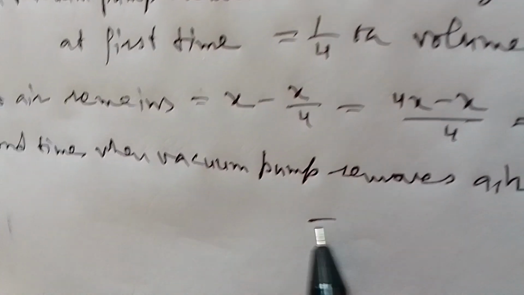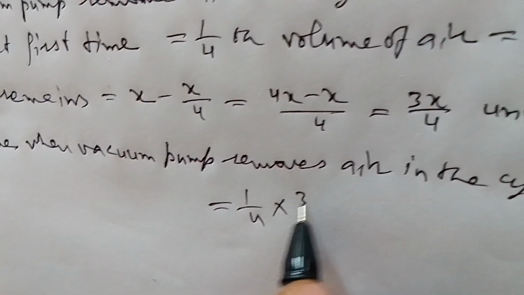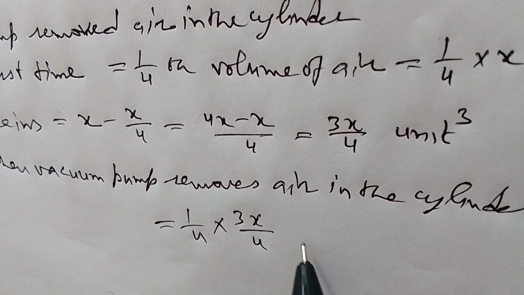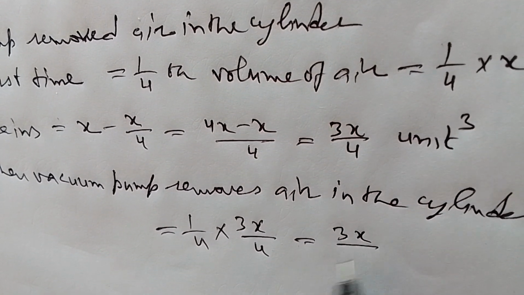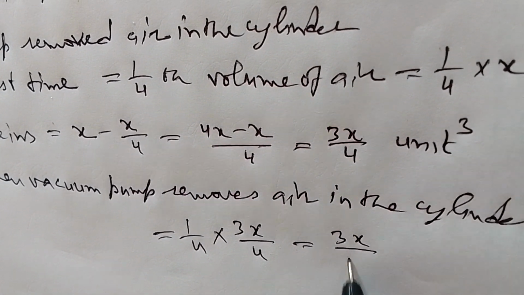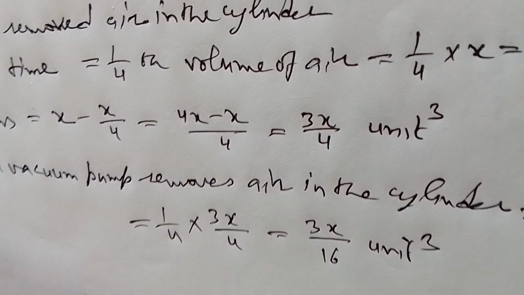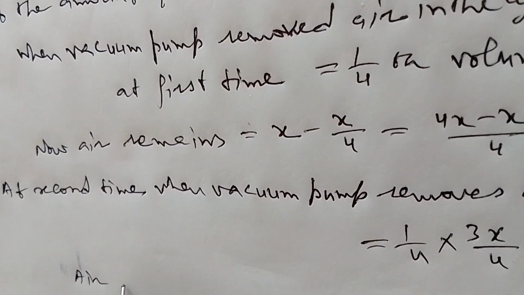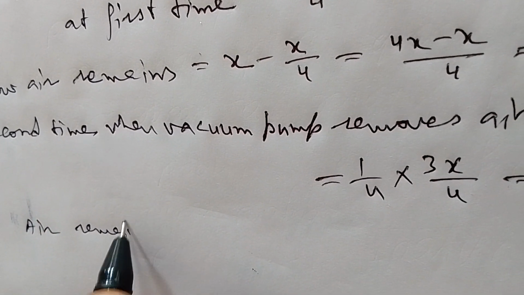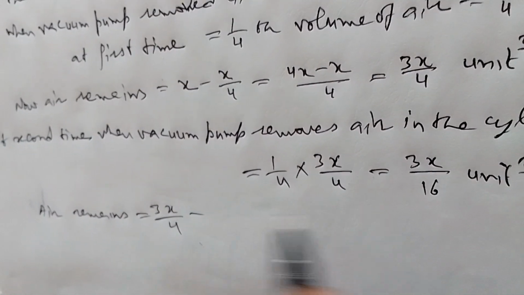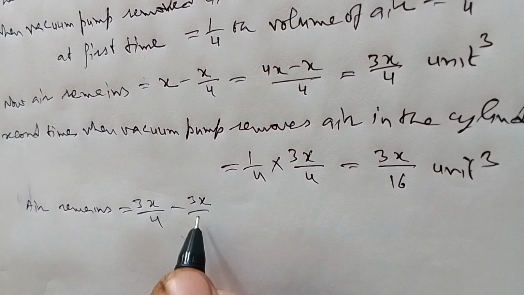So it will become 1 by 4 times 3x by 4 remaining, which comes out to be 3x by 16 unit cube. So the air remaining is 3x by 4 minus 3x by 16.